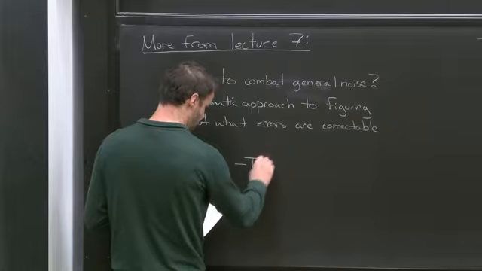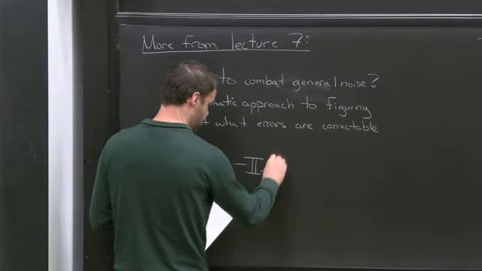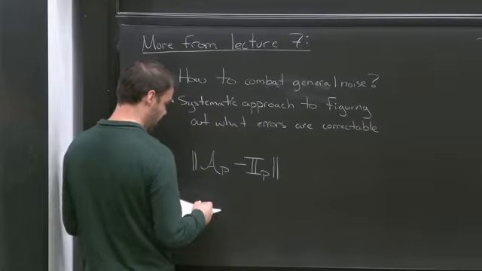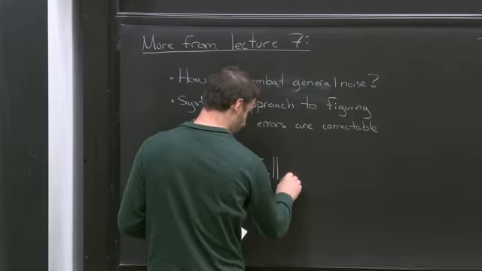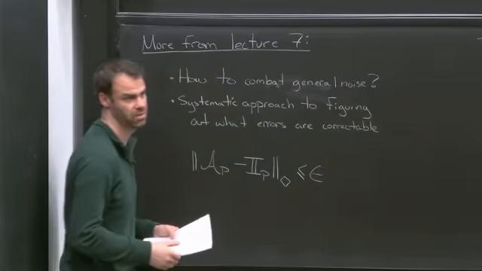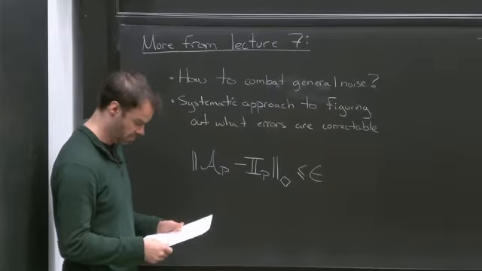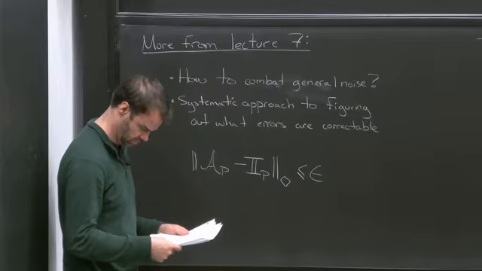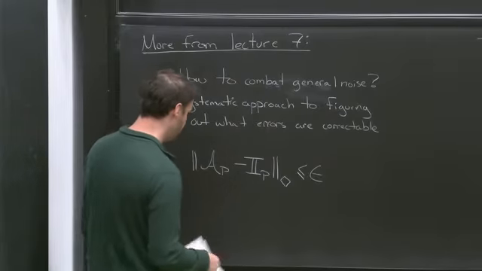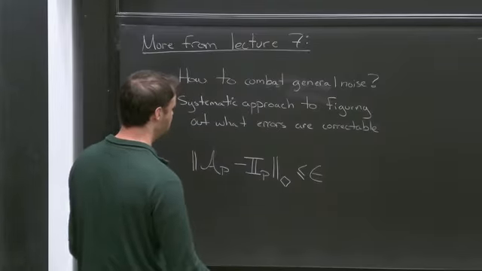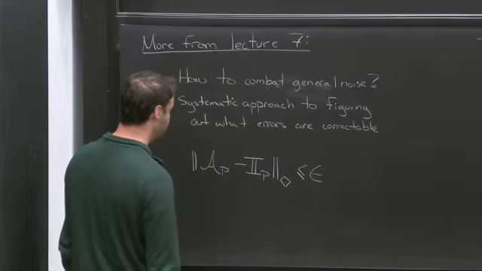And the setting we're interested in is where I don't know all that much about the channel except that it's close to the identity. Okay, that's the most general thing we'd like to be able to address. We're going to think about something a little bit more restrictive.